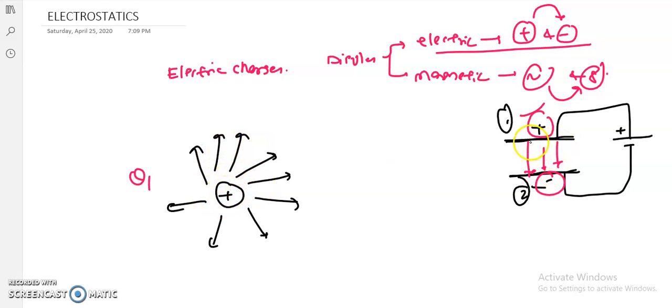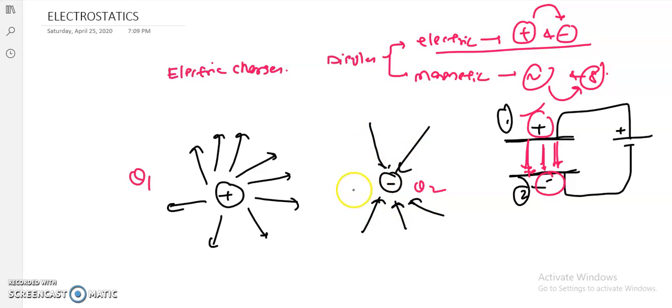In the same way, if I take a negatively charged particle, let's name it Q2, then the flux lines are towards the negatively charged particle.